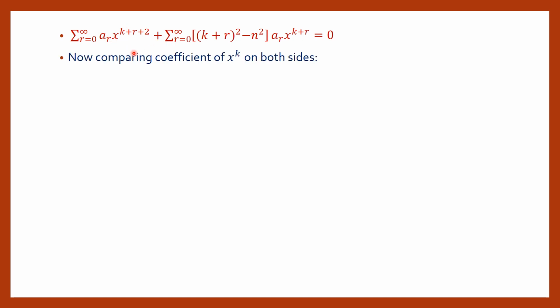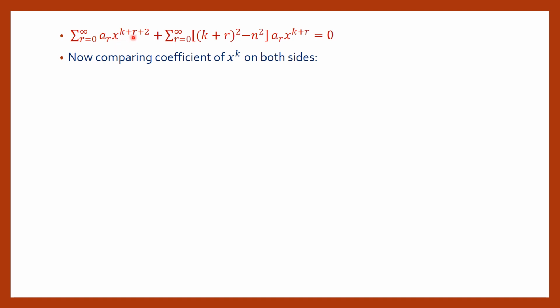Now comparing the coefficient of x power k on both sides. Here the least power of x is x power k, because if you put r equal to 0 in the first summation, we get a0 x power k plus 2. So the least power of x there is k plus 2.